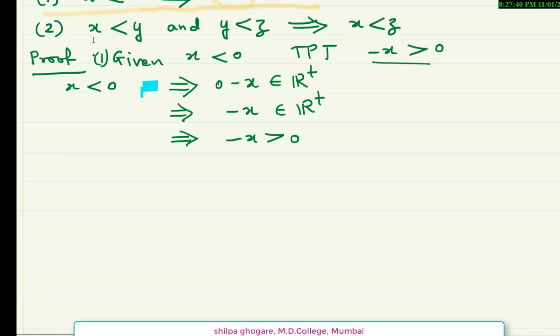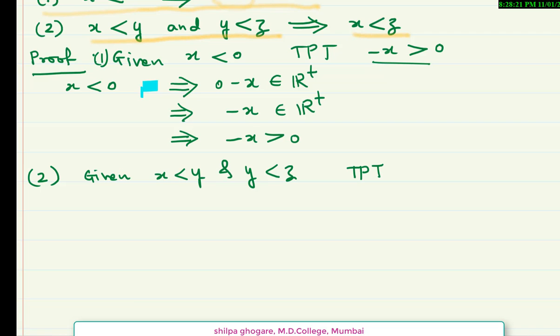The second result over here is: x less than y and y less than z implies x is less than z. We all know this property from school mathematics. Let us prove it using the results which I have recalled. I am proving the second property. There are two given things: x less than y and y less than z.